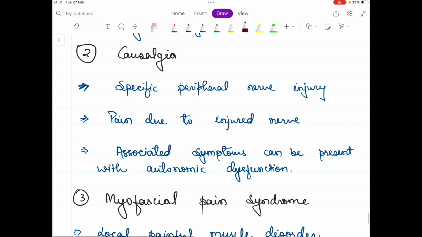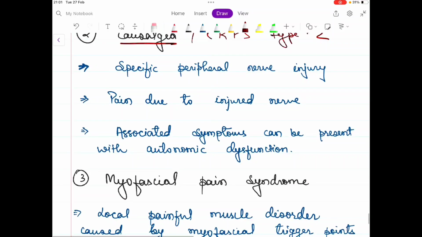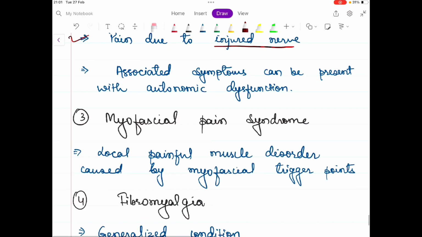Now let's talk about causalgia, or CRPS type 2. In causalgia, there is a specific peripheral nerve injury and the pain is due to the injured nerve. Associated symptoms can be present with autonomic dysfunction.